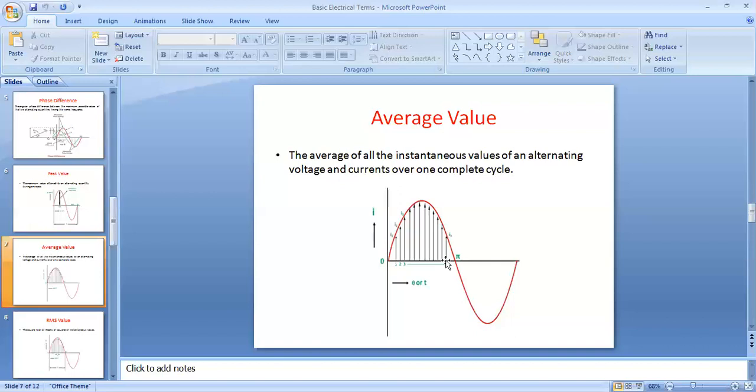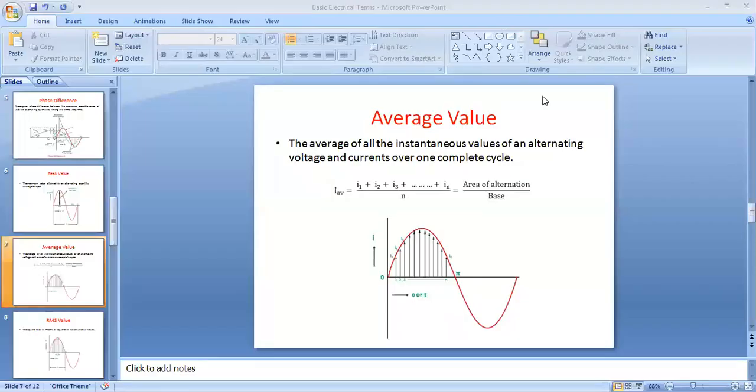So the average value of current is given by the mean of the mid ordinates. Here the average value is given by I average equal to the addition of currents during those n number of equal parts of the positive half cycle.